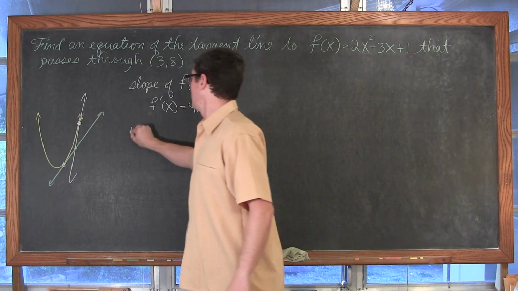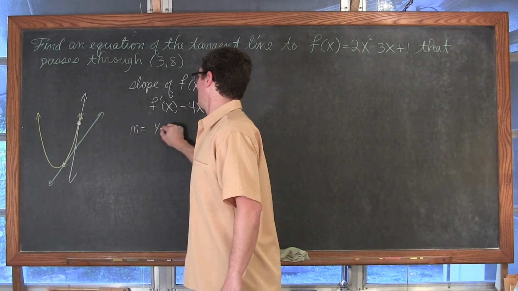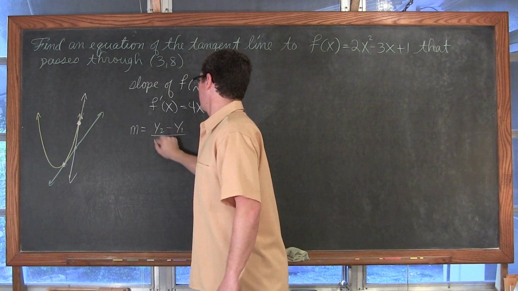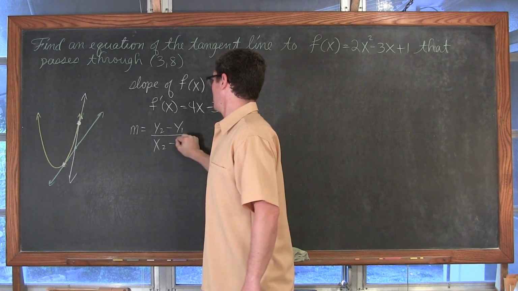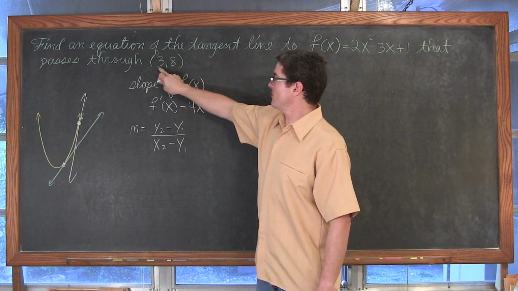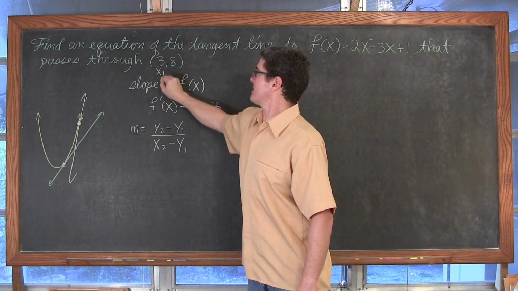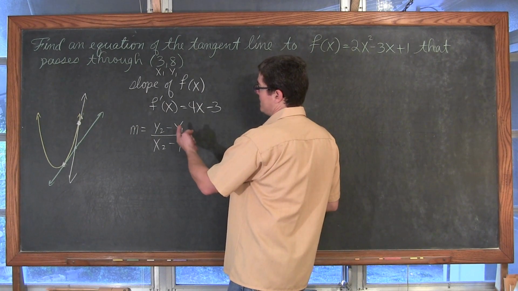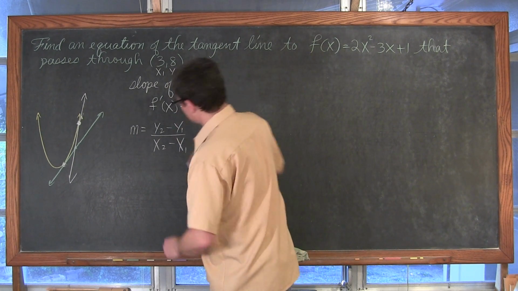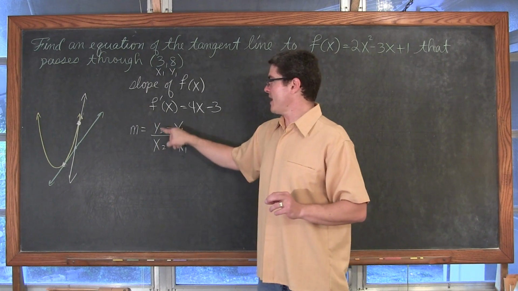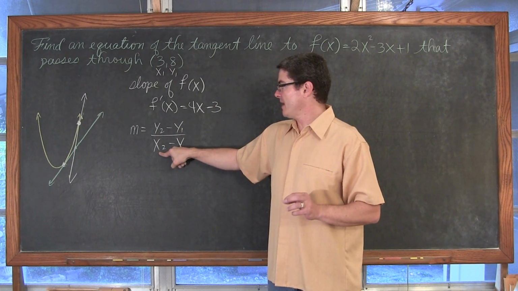So slope, we know, is equal to y2 minus y1 over x2 minus x1. Well, I'm going to let this point here, this (3, 8), be my x sub 1 and my y sub 1. So I'm going to put a 3 here and an 8 there, but I need a better way of writing the y sub 2 and the x sub 2.